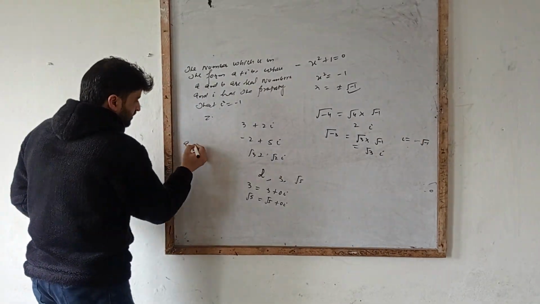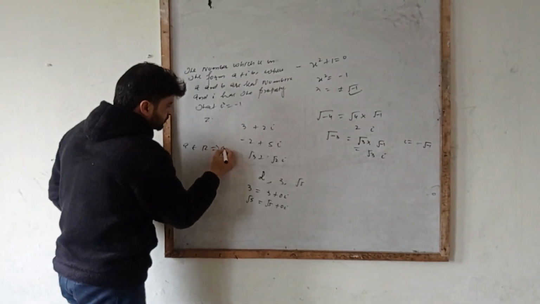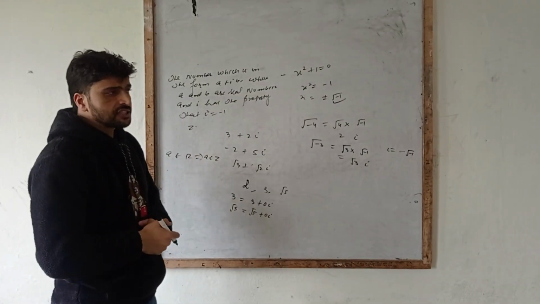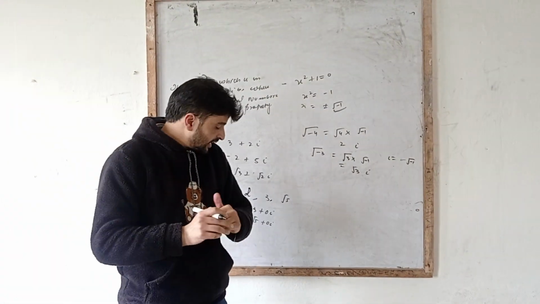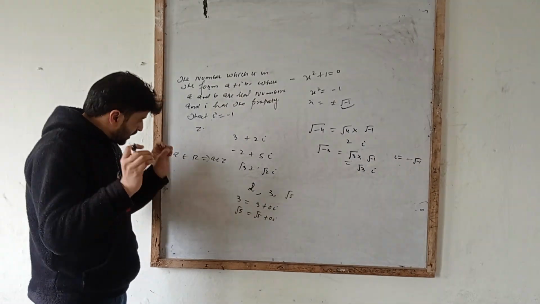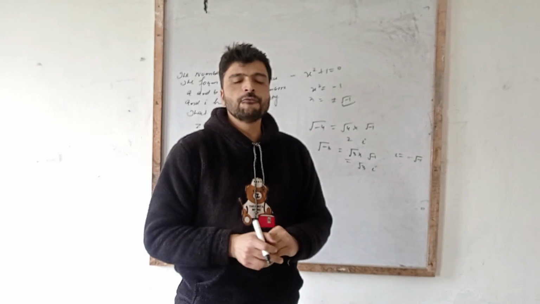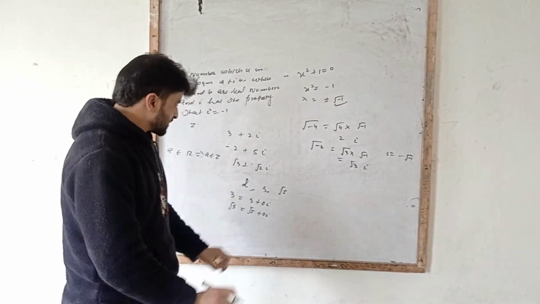If a belongs to R, it implies a belongs to C also. But the converse need not be true, that if a is a complex number, then a is a real number also. So we can say that every real number is a complex number.